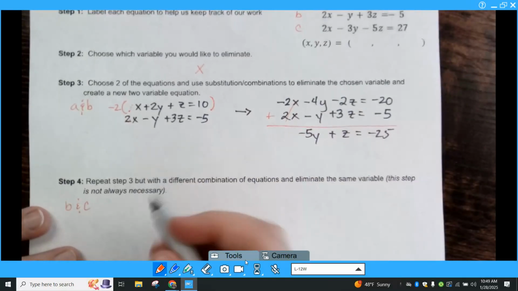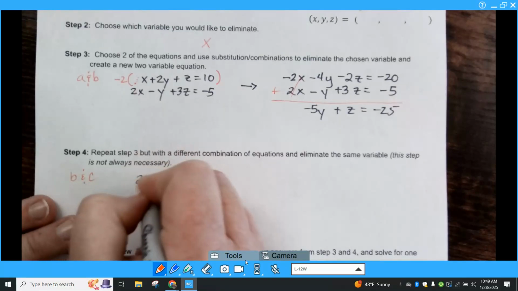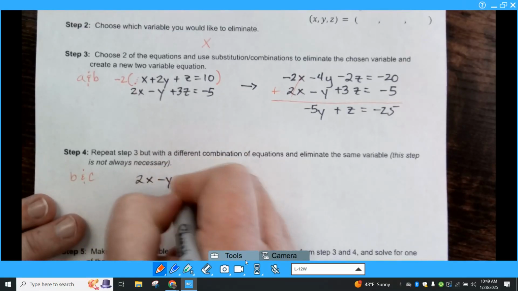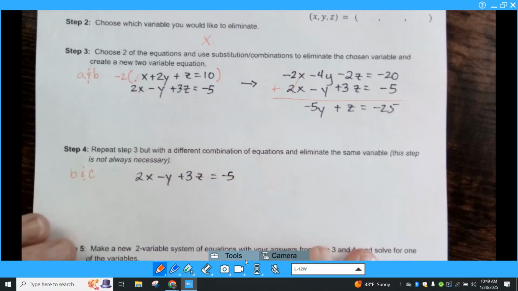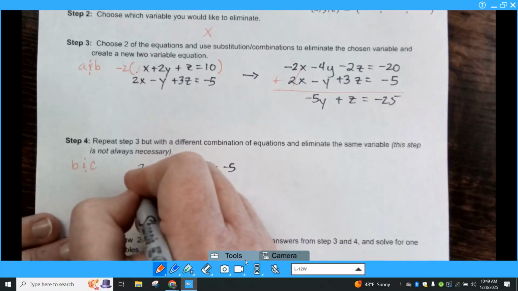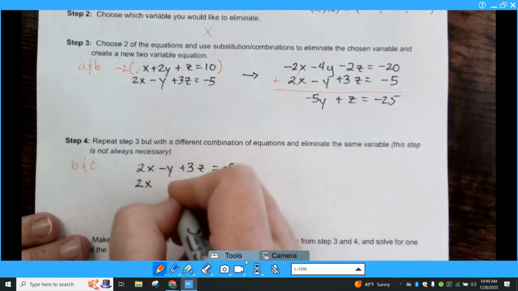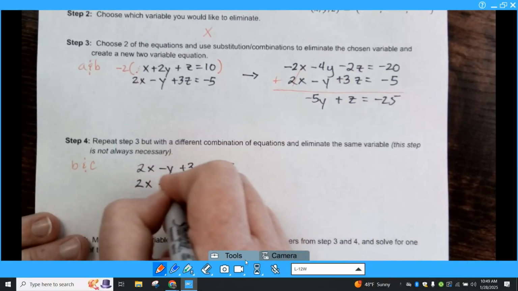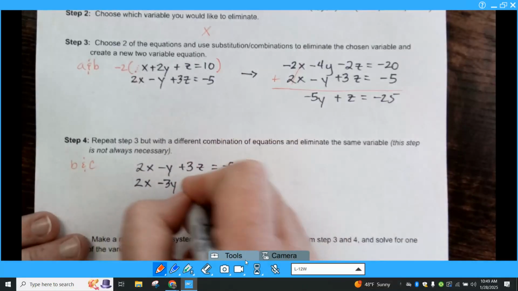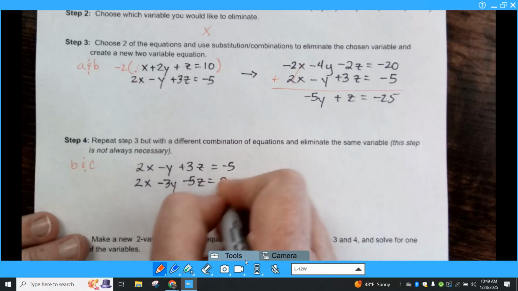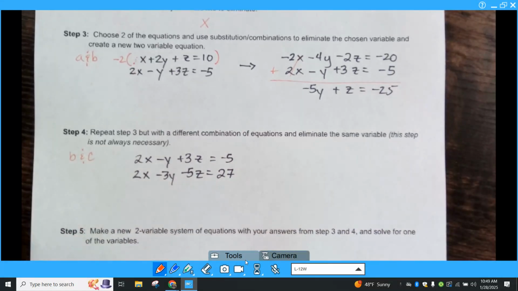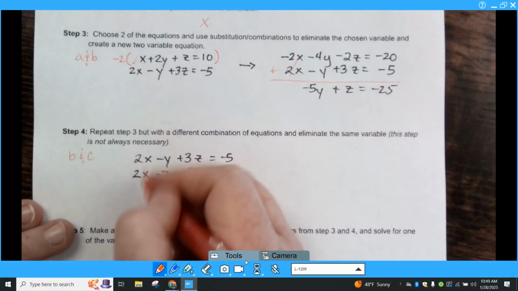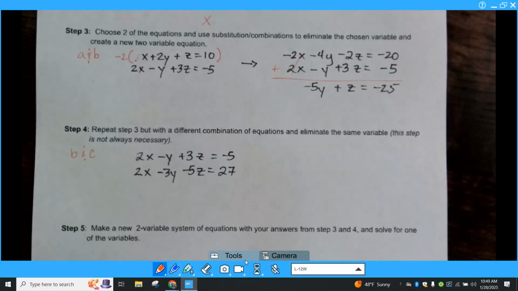which my B is 2x minus y plus 3z equals negative 5. And then I've got C, which is 2x minus 3y minus 5z equals 27. And so I need to get rid of one of the x's. I'm going to just make one of them negative so they add up to a 0.